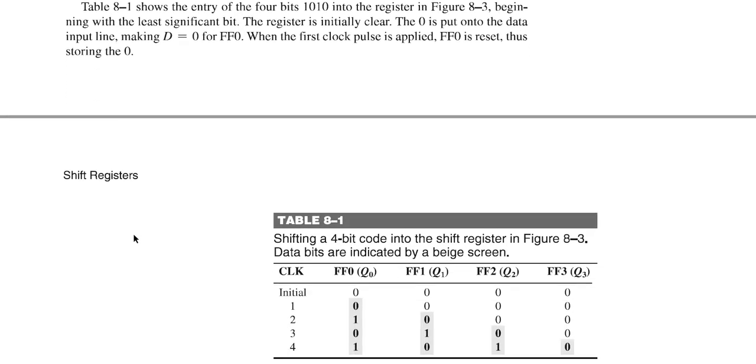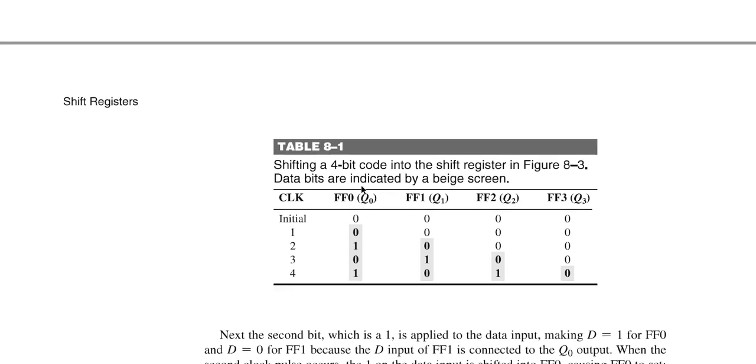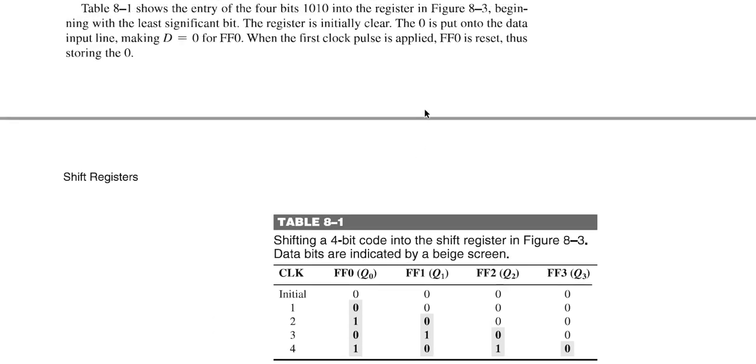Next, this is the value for the initial clock pulse. All of them are reset, that is, 0000 is stored in all 4 flip-flops. On the first clock pulse, the 0 from this 1010, the LSB, is applied to FF0.